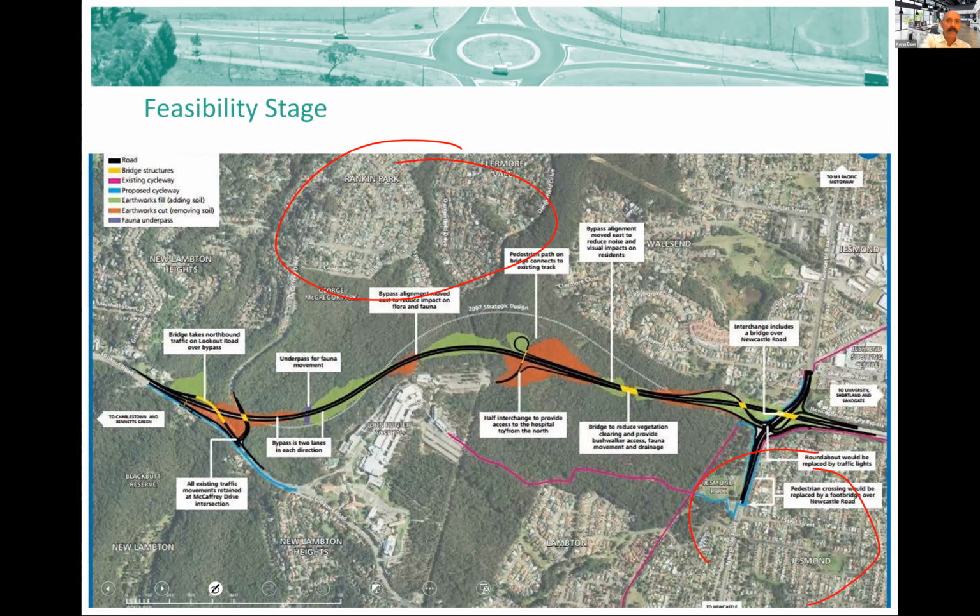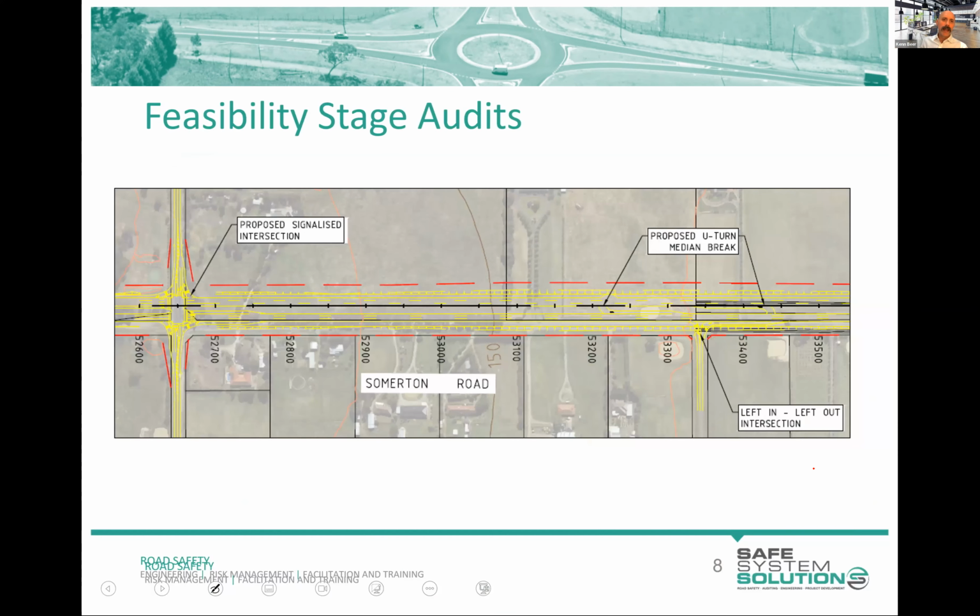You're thinking about interchanges. Are they good forms? Are there better ways to do it that would have safety implications? It's just that sort of level of thinking. You may get a little bit more detail, some high-level stuff where you're starting to drift into the next phase of road safety audit, like this one.